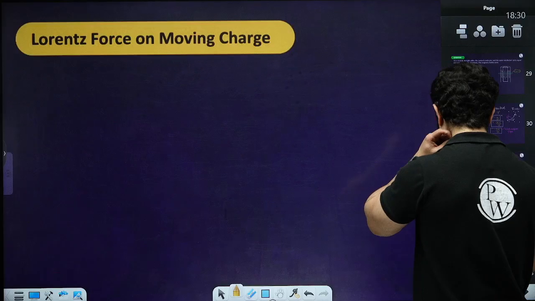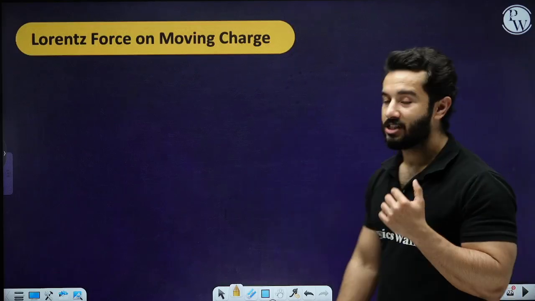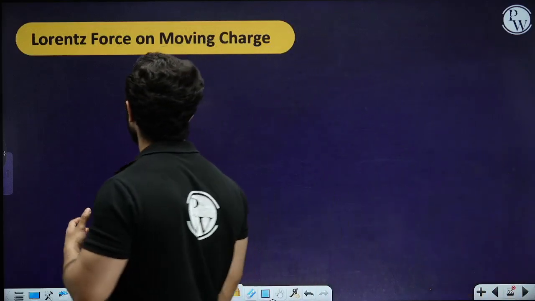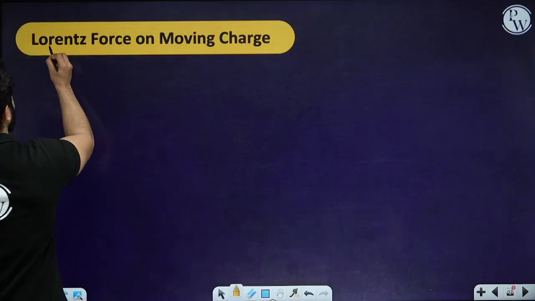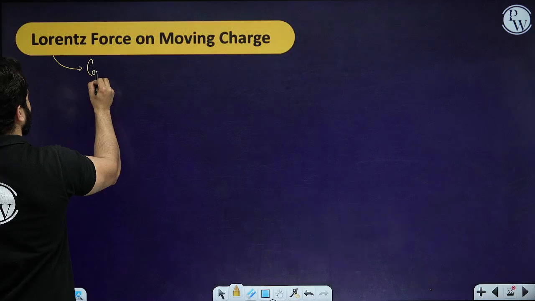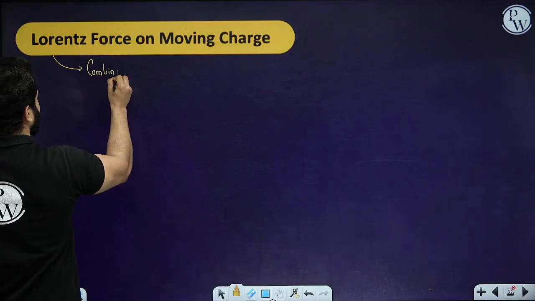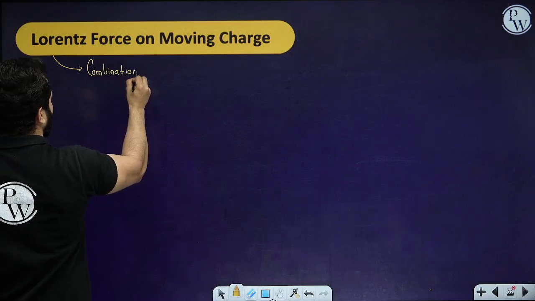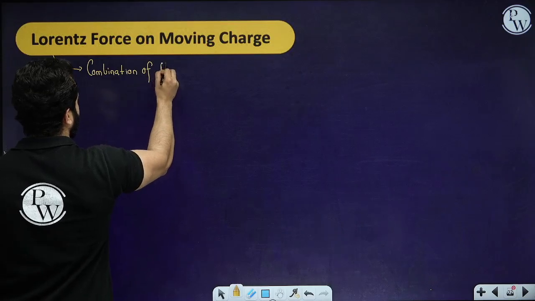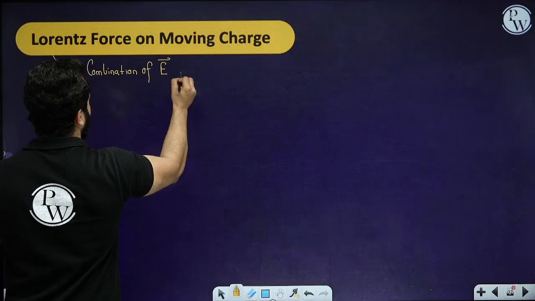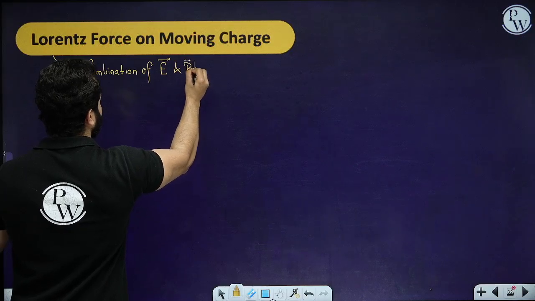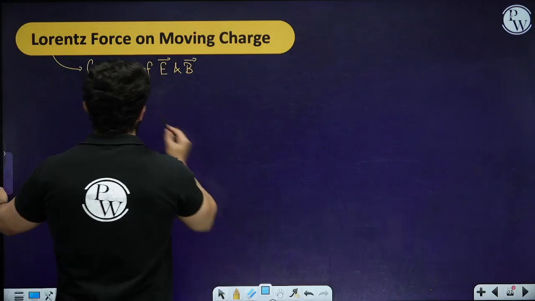Now we can also talk about something that is called Lorentz force. We are going to talk about Lorentz force when there is a combination of electric field and magnetic field. So it's quite easy.